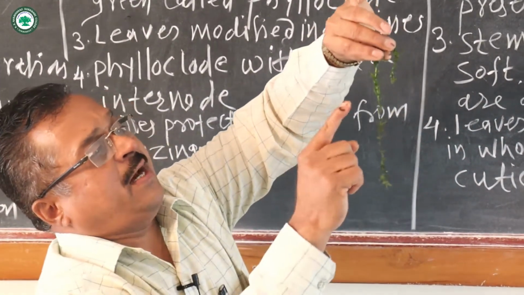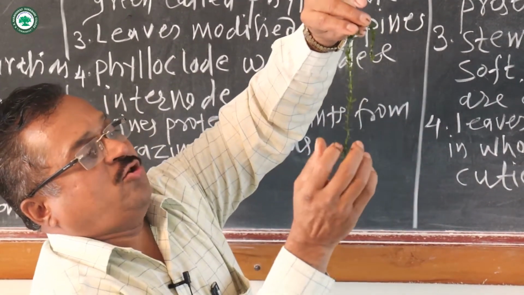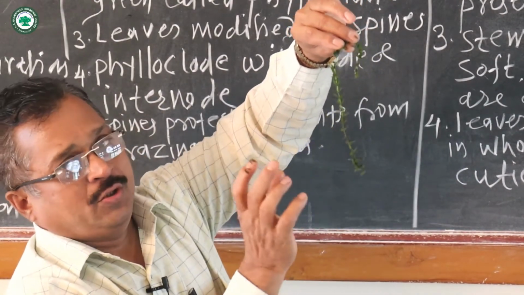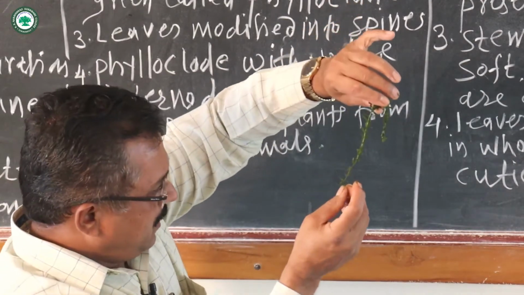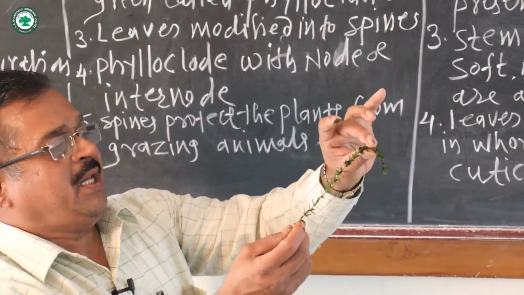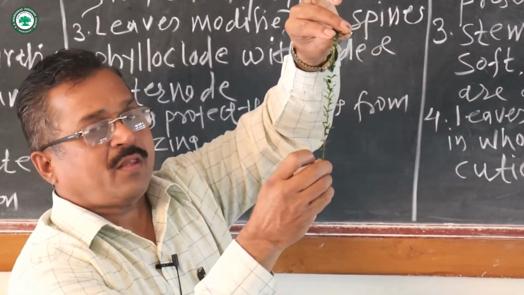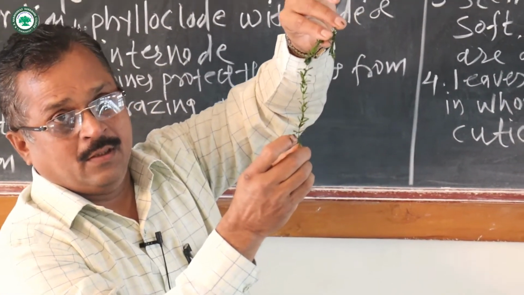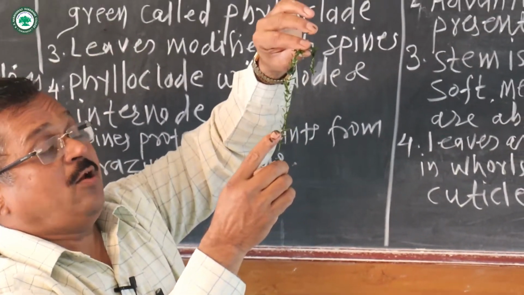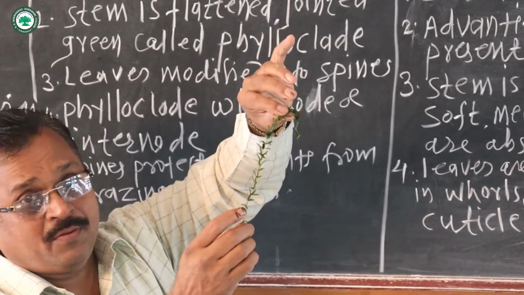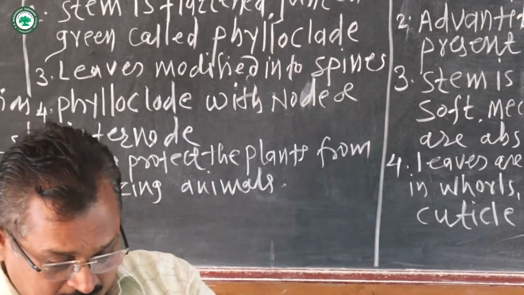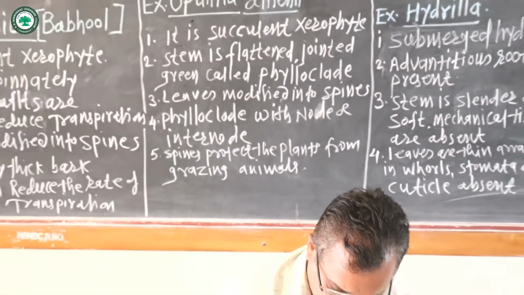See, the leaves are arranged in a circular manner, called whorl. Stomata absent, cuticle absent. These are the characteristic features of the Hydrilla plant. To identify Hydrilla: leaves are thin and arranged in a whorl, stem is soft and branched, root system is adventitious. That is about Hydrilla.